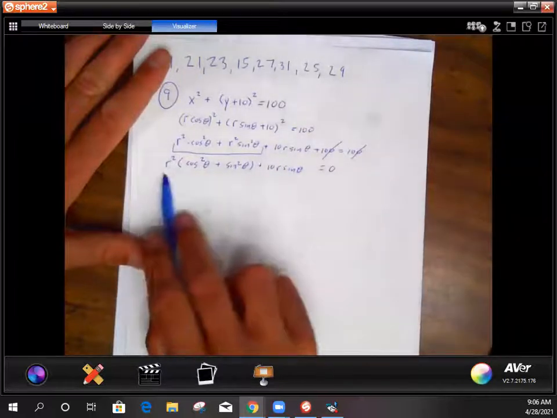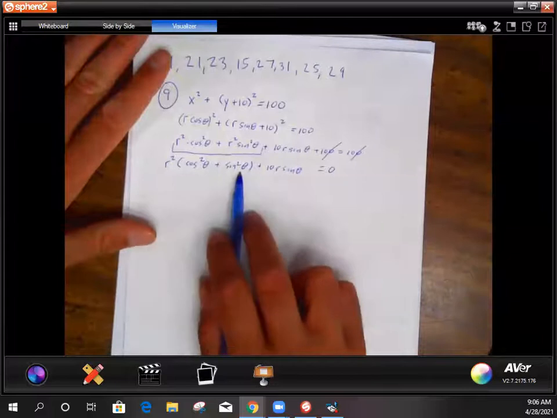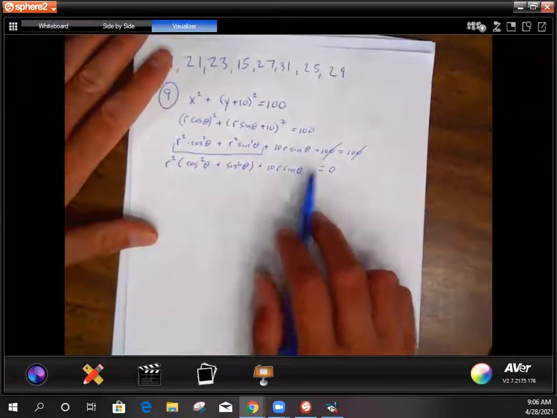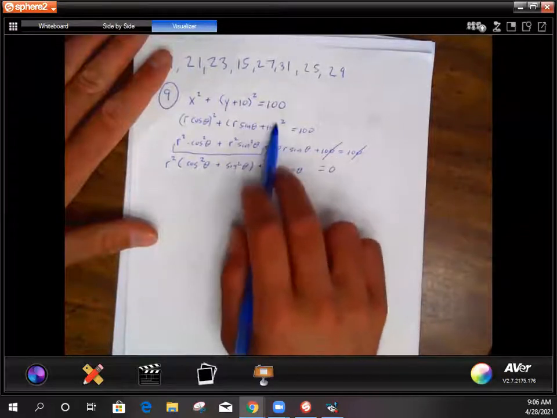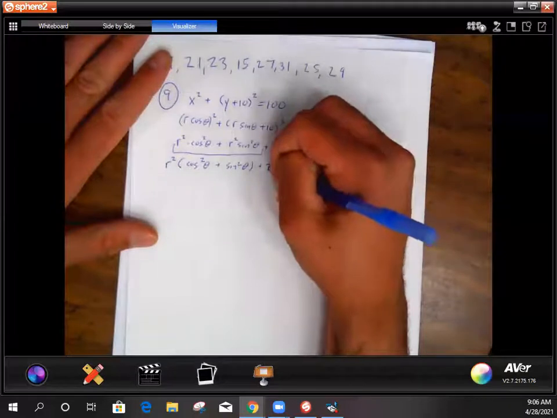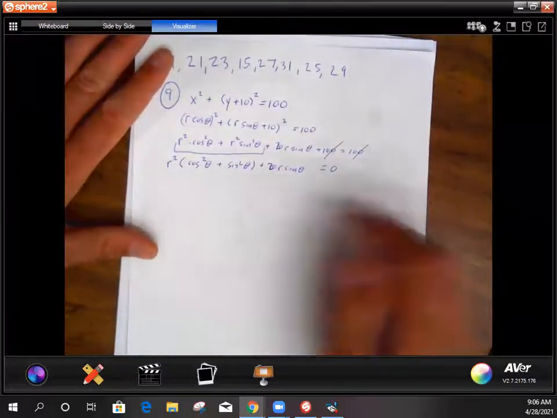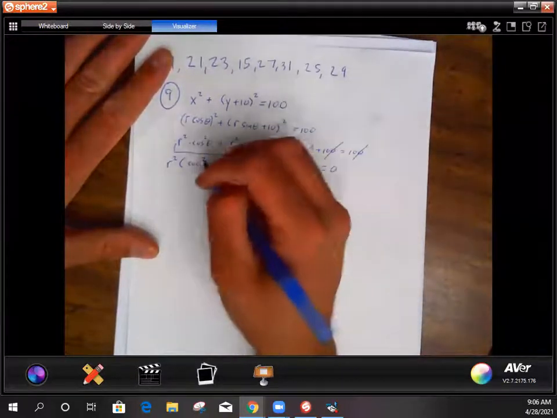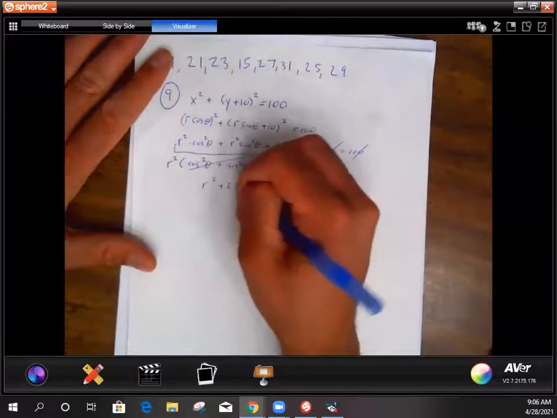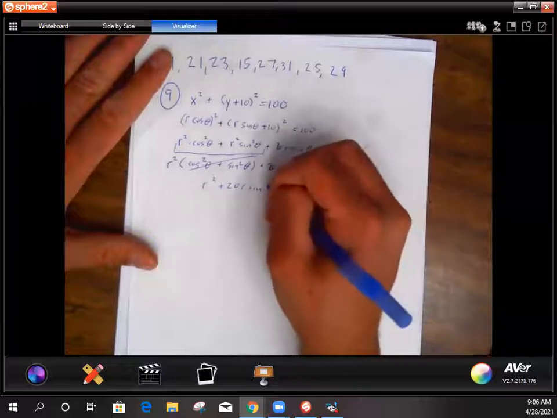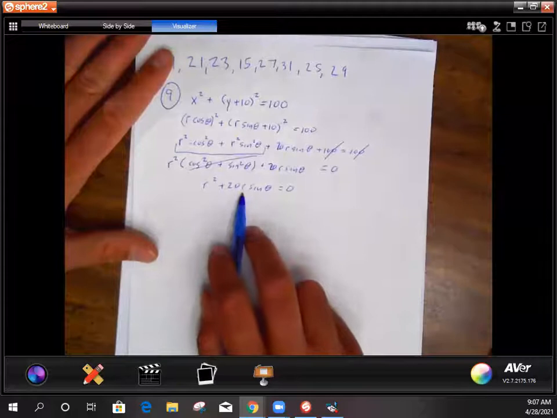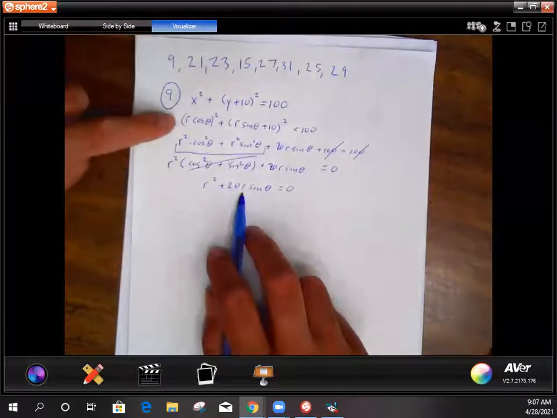So you get r squared times (cosine squared plus sine squared) plus 10r sine. Oh, 20r sine. When I FOILed it, I forgot to double that. So that should be a 20, and that should be a 20. That's my fault. Now this equals 1, so now we have r squared plus 20r sine of theta equals 0. Now it's a lot more simplified than this.